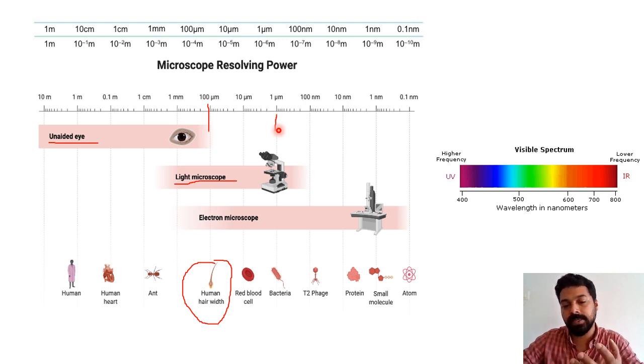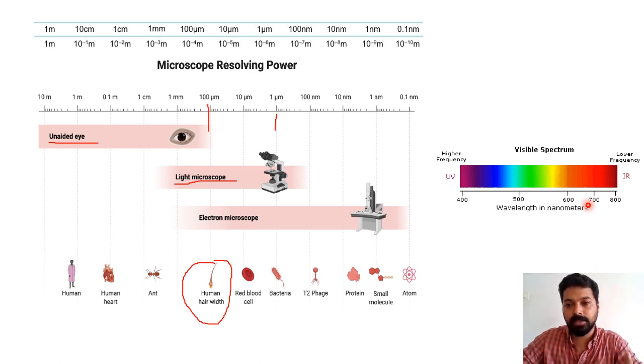If you want to see any image in the nanometer range, we cannot use an optical microscope, because the wavelength of light falls between 400 nanometers and 700 nanometers.